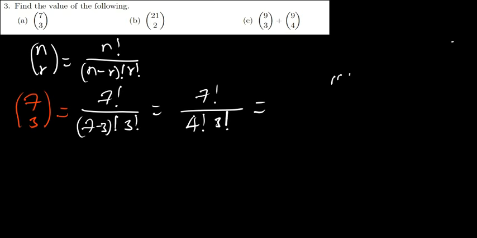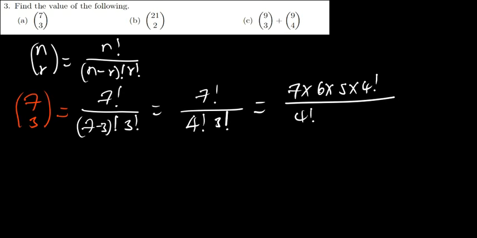So for 7, I'll say it is 7 times 6 times 5. Then when I reach 4, I'm going to put 4 factorial, because I've got 4 factorial down there. Again here I'll have 4 factorial. But 3 factorial, I'll simplify as 3 times 2 times 1.